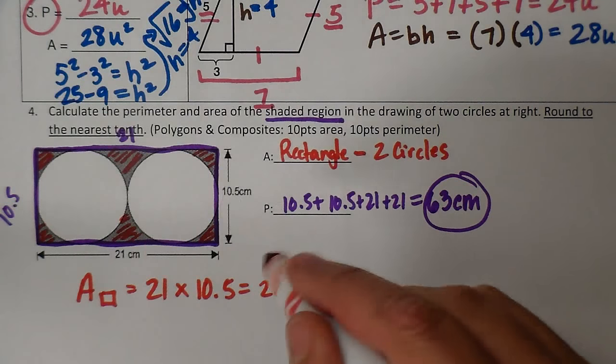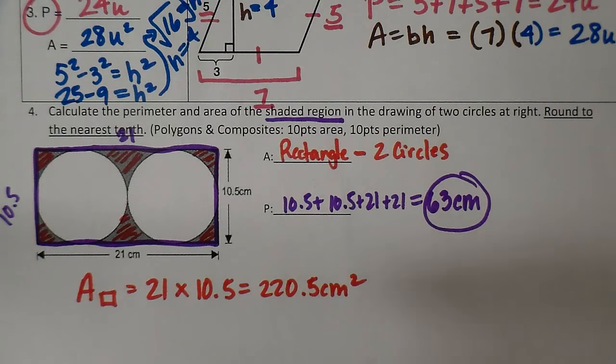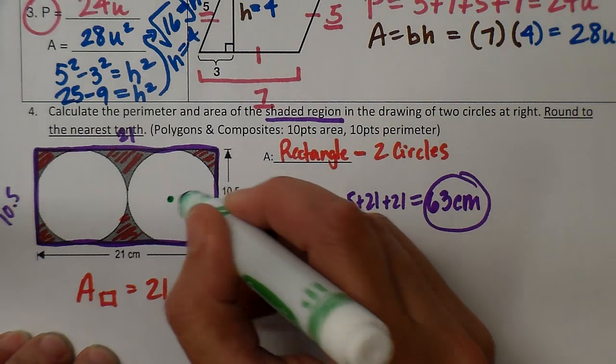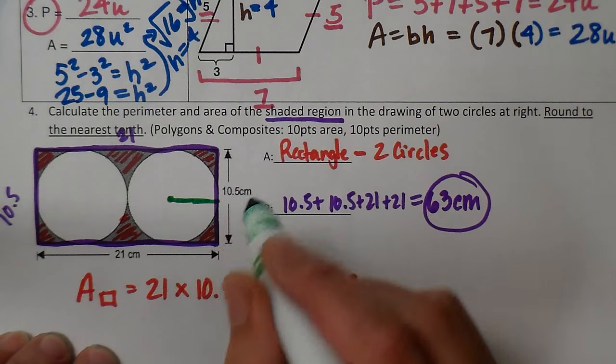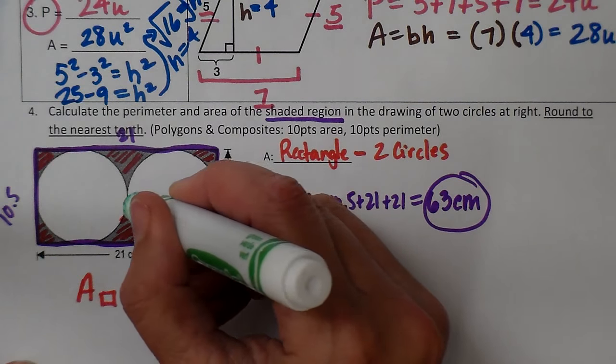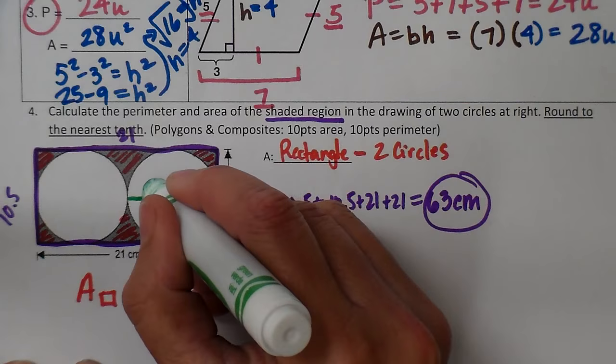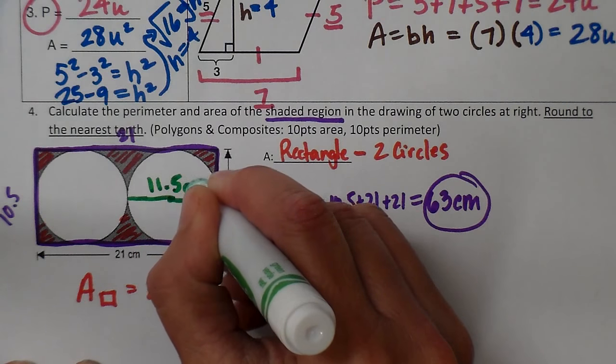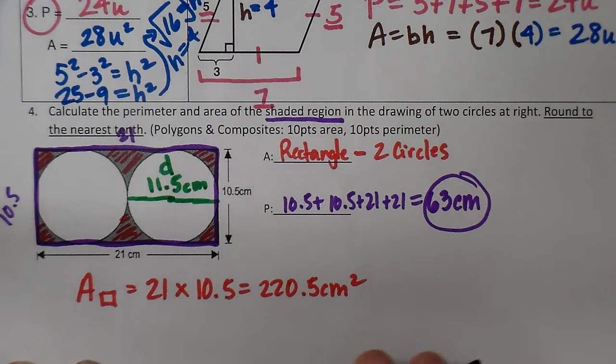If the whole thing is shaded, we would just find the area of the rectangle. But 2 of those circles have been cut out. So how do we do that? Well, we have to find the area of a circle. So we got to find the radius of these circles. Well, if it's 21 all the way across, that means that the diameter of each of these circles is 11.5 centimeters. That's the diameter.